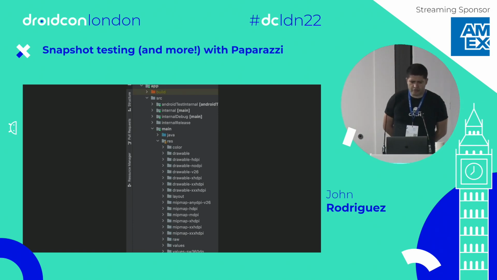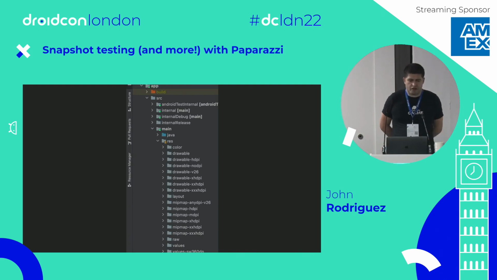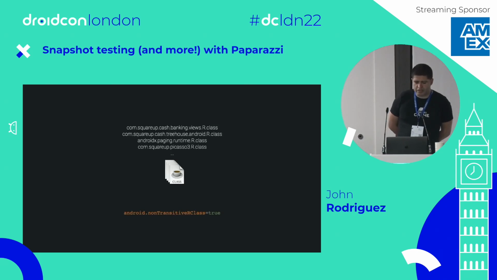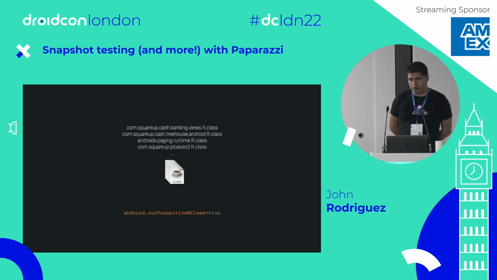Let's talk about another thing that's under works at Paparazzi. I kind of alluded to this earlier, but resources in Paparazzi are very important. We don't run AAPT, but we still need to be able to refer to every single resource that a module would in an app, whether it's provided by a third party or not. What's interesting is that if you enable non-transitive resources, this doesn't become any easier, because now instead of having one global R class, you have several.